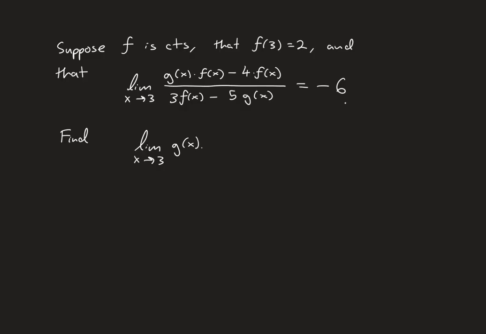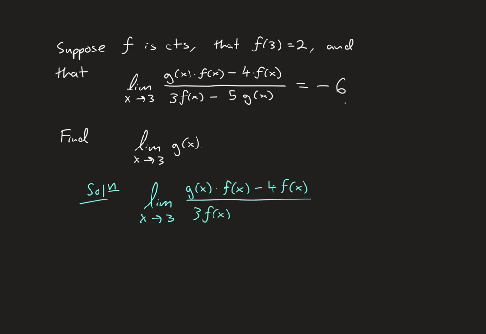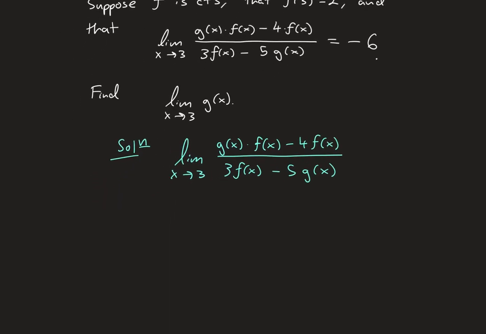Here's the thing I know. The limit as x approaches 3 of g of x times f of x minus 4 times f of x, divided by 3 times f of x minus 5 times g of x, is equal to negative 6.